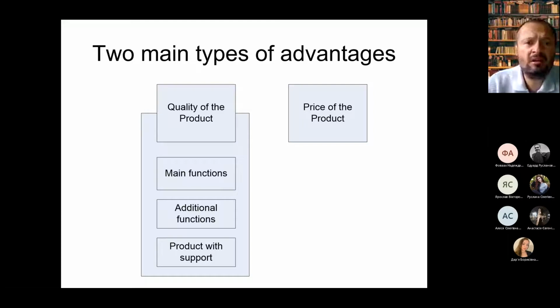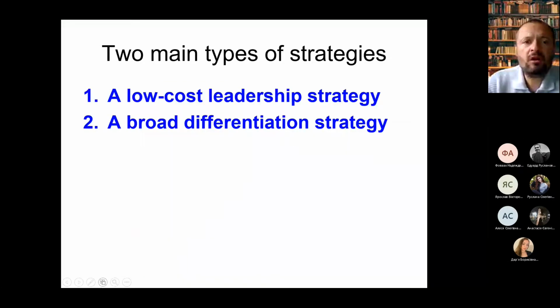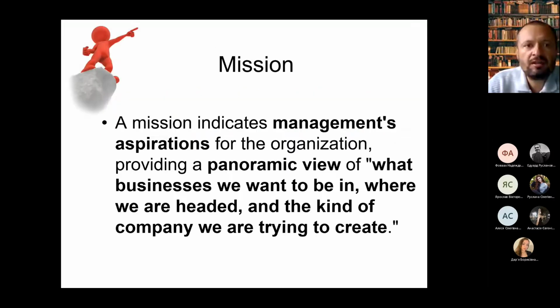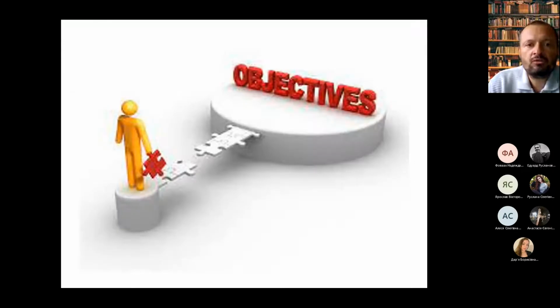And now a short review of our course. Generally, there are two basic types of strategy: low-cost leadership and broad differentiation strategy. For creating these, we have to begin with the mission of the company. Then we have to create objectives.